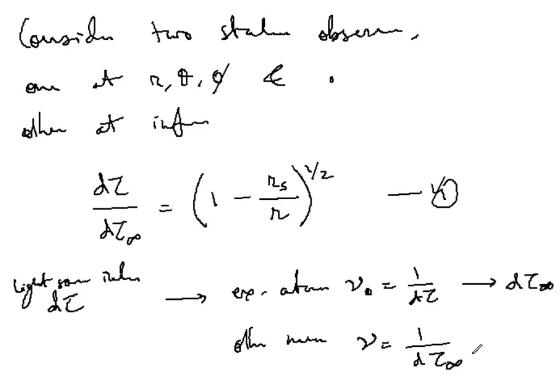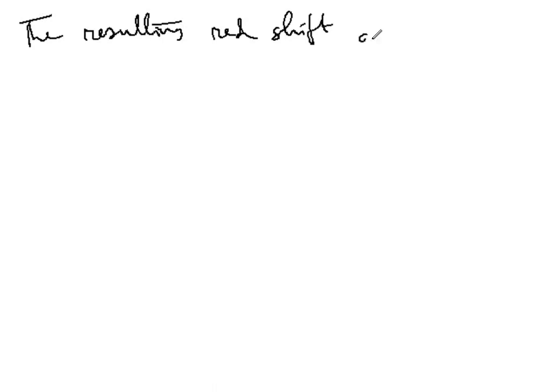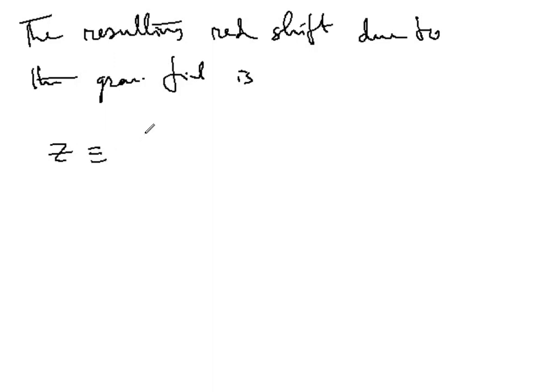Now the resulting redshift due to the gravitational field is what? Let me write it down. So it is basically nu 0 by nu minus 1.